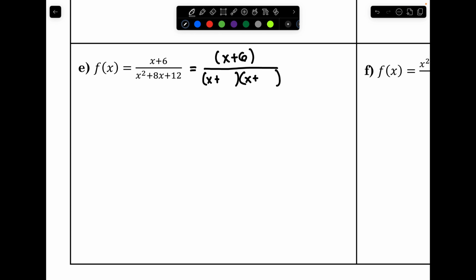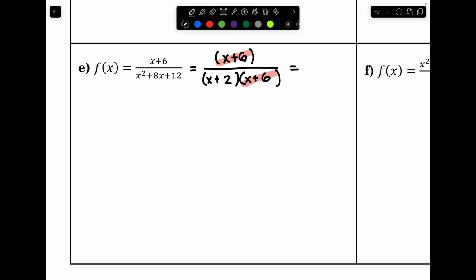The factors of 12 that are going to give me the value of 8: 1 and 12, 2 and 6, 3 and 4, so 2 and 6. So 2 and 6 multiplied to give us 12, that add up to 8. So splitting up that trinomial we have there. And there you have it. Look, factors of x plus 6.